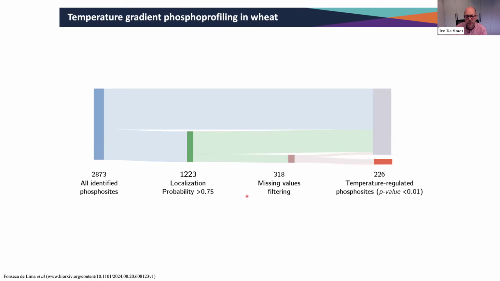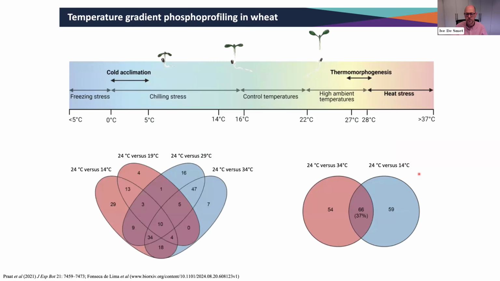And then we do a number of additional filtering steps to come up with those peptides that we robustly identify along the temperature gradient. And this ultimately gives us slightly over 220 phosphopeptides that are highly significantly regulated along this temperature gradient, which means that our expectation is that within this group we should find a set of key regulators that control the processes at a given temperature.